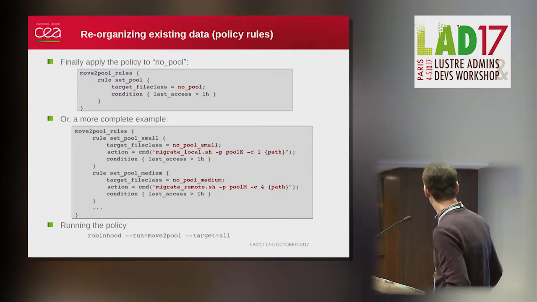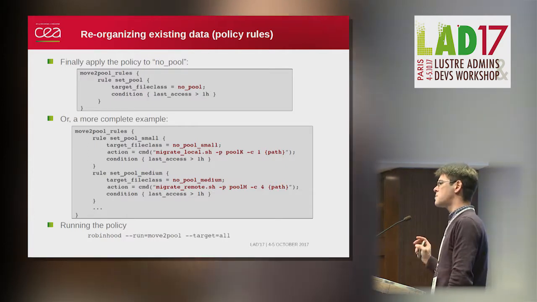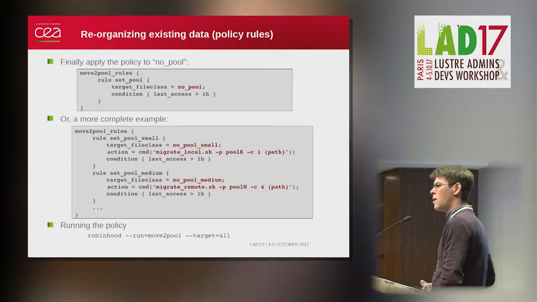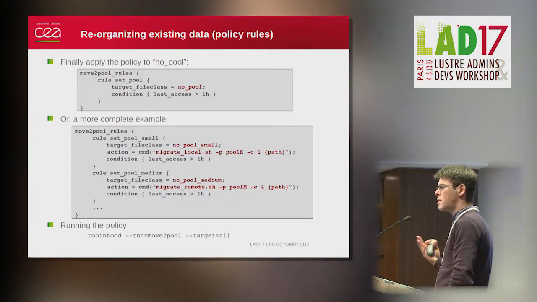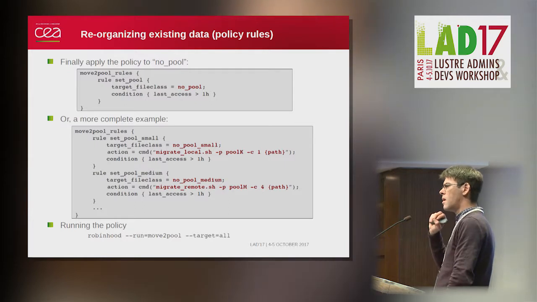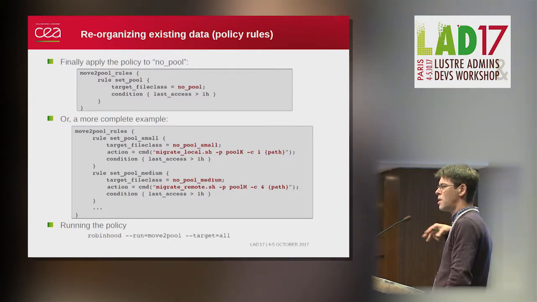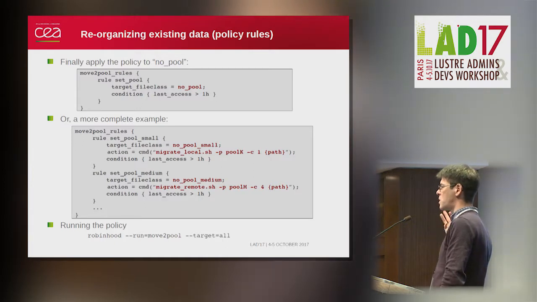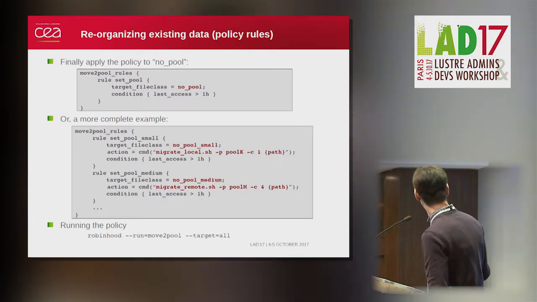The idea here is that if you want to LFS migrate small files, you can do it locally on the Robinhood node where Robinhood is running, because it's not worthwhile paying the price of remote communication to do the LFS migrate remotely. So this is what is said here. For no pool, we call the migrate local script.